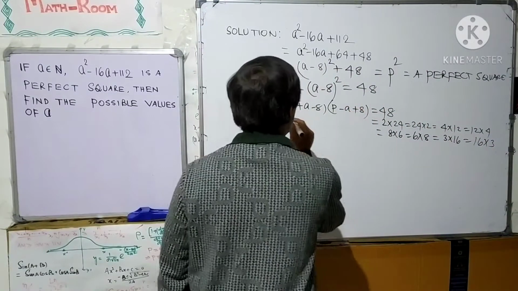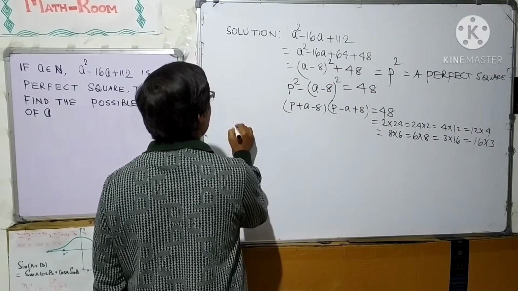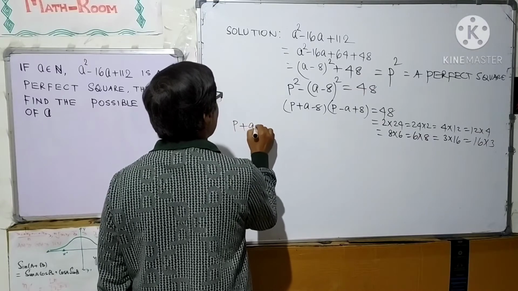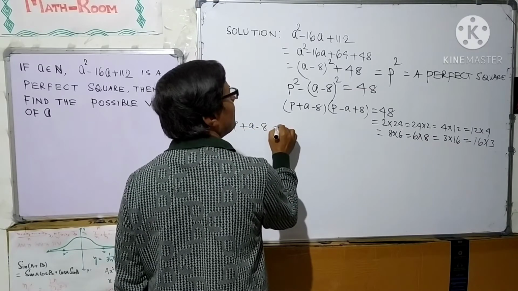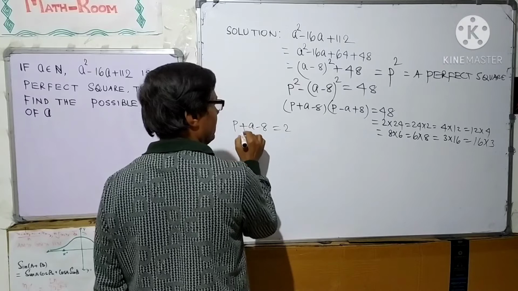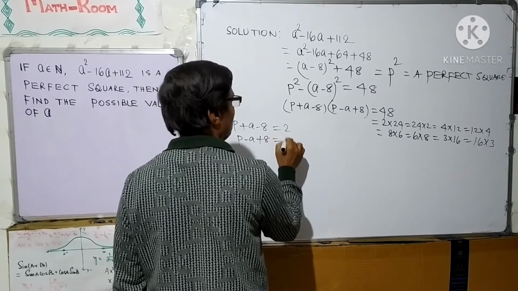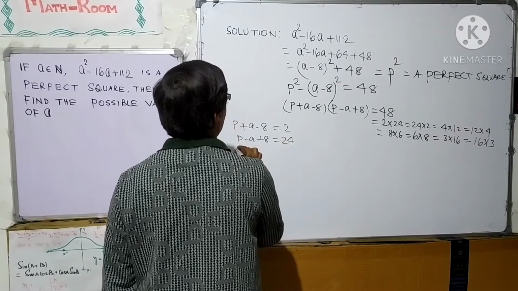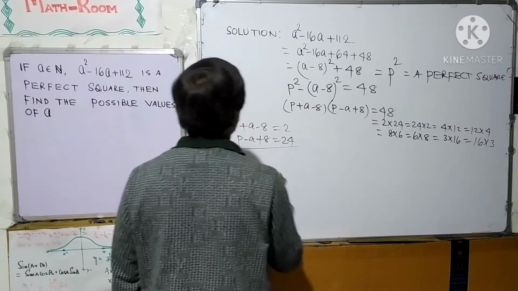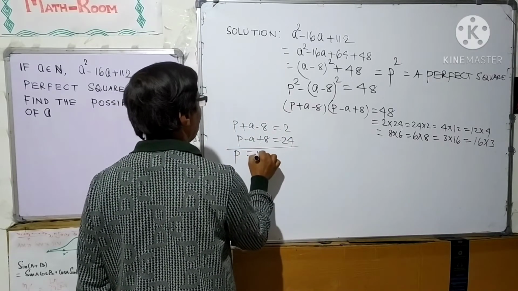Now, we can choose p plus a minus 8 equal to 2 and p minus a plus 8 equal to 24. If we solve these two equations, we get p equal to 13.